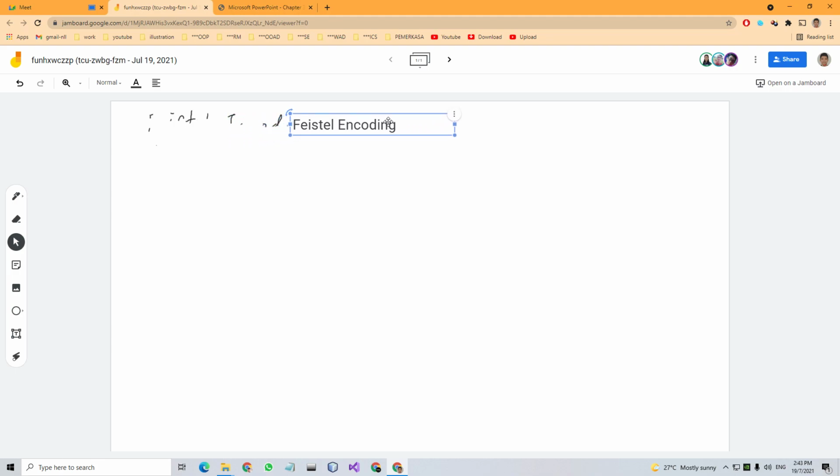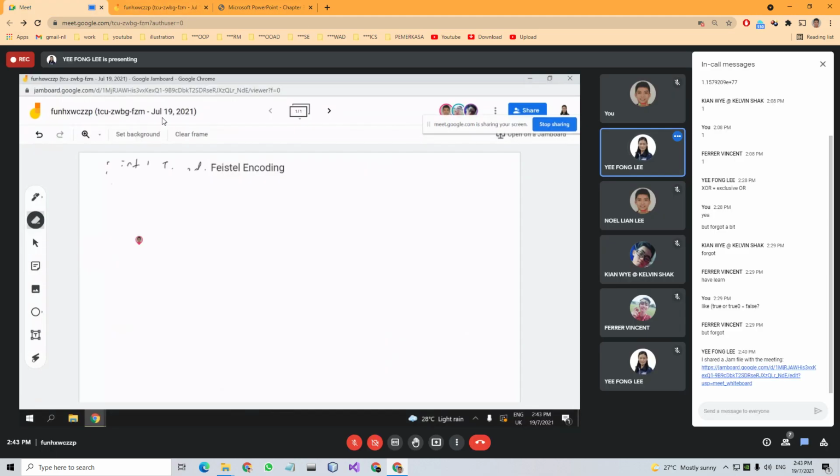Step 1, divide the plain text into 2 halves.